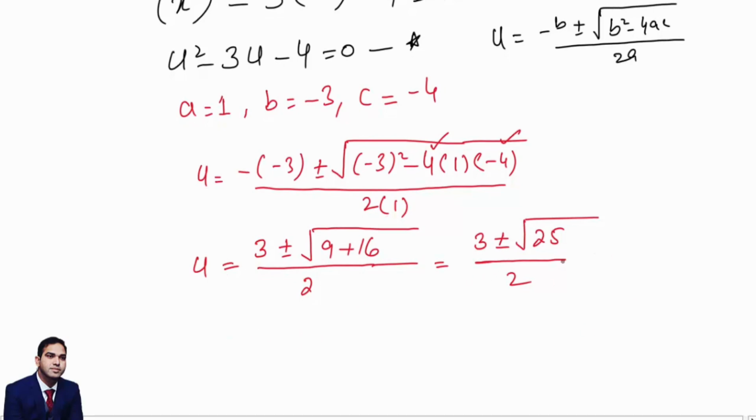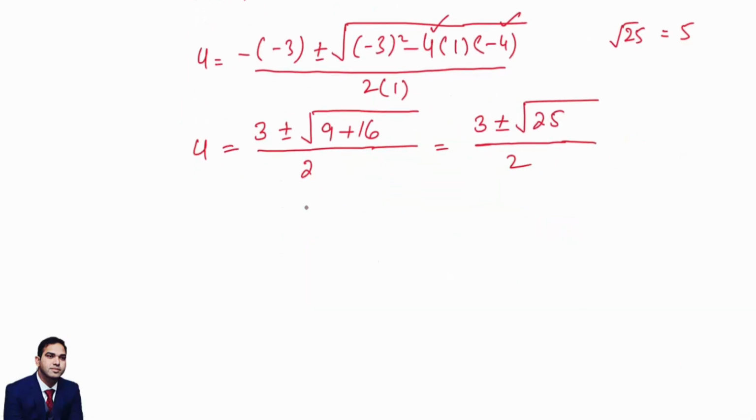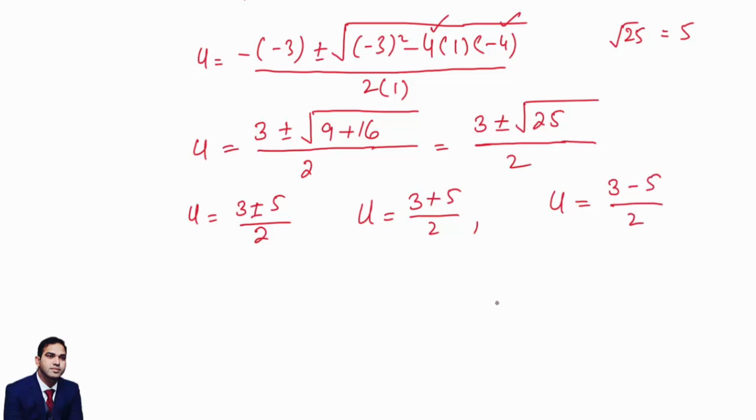And you can see that square root of 25 is equal to 5, means 5 multiplied by 5, the square and square root will be cancelled. Now u is equal to 3 plus minus 5 divided by 2. So first 3 plus 5, and then 3 minus 5, divided by 2.